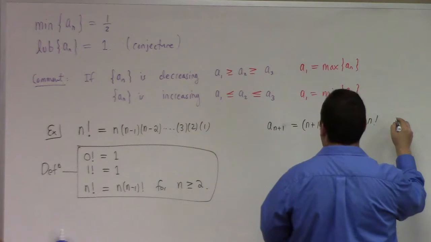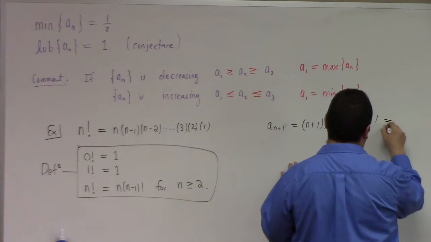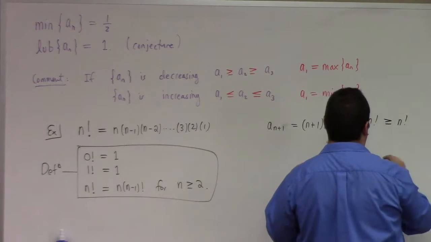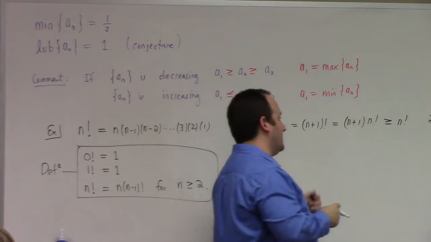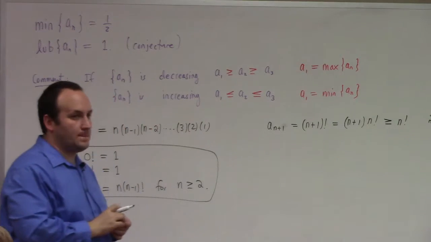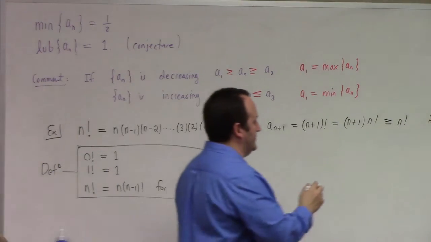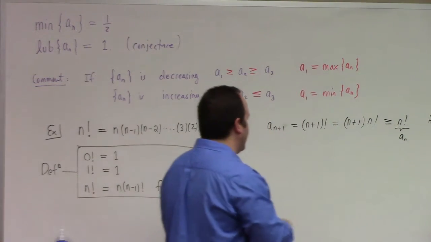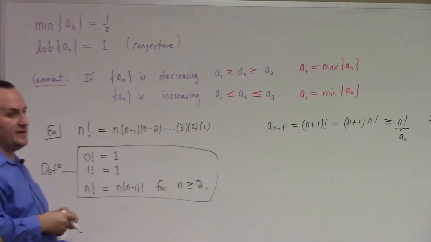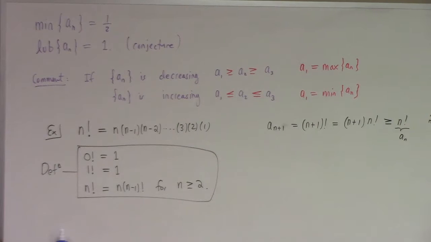Which is quite clearly greater than or equal to n factorial, if n is greater than or equal to 1. And what's that? Well, this is a sub n, right? So I can just show directly here that a sub n plus 1 is larger than a sub n. In fact, it's strictly increasing, isn't it?